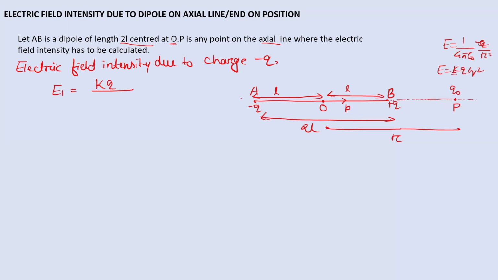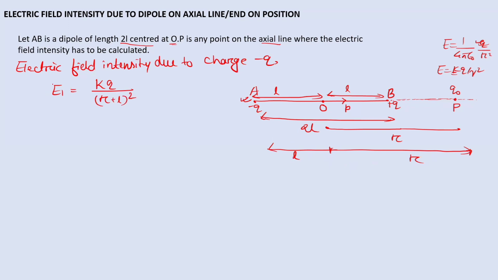If you see, this minus Q charge is at a distance of how much? This R plus L, you can just see this is the entire distance of the minus Q charge, right? If you see from the center, this is your R, and this is your L. So it will be R plus L whole square.